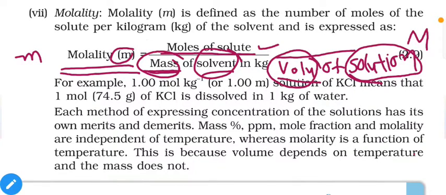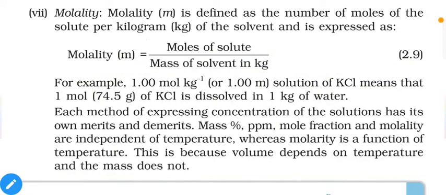And in molarity, we have number of moles of solute, and quantity is measured in volume, the volume of solution. For example, as mentioned, 1 mole per kg represents 1 mole of solute per 1 kg of solvent.